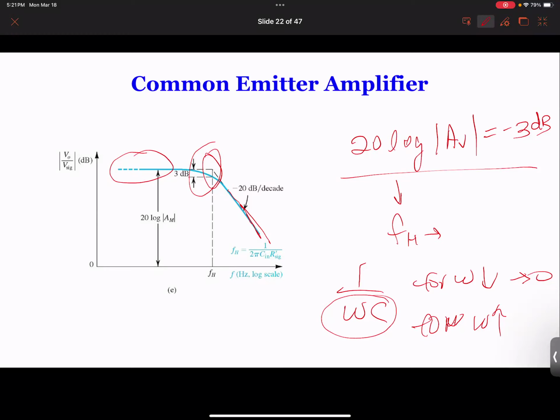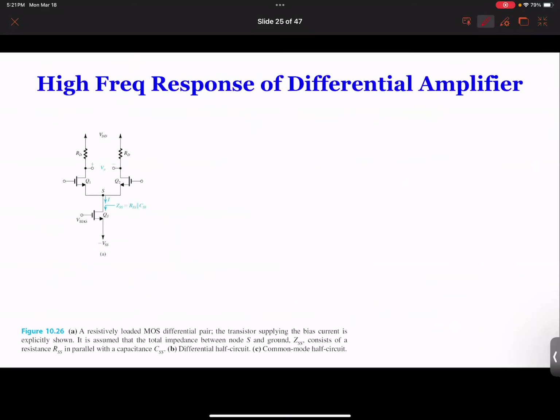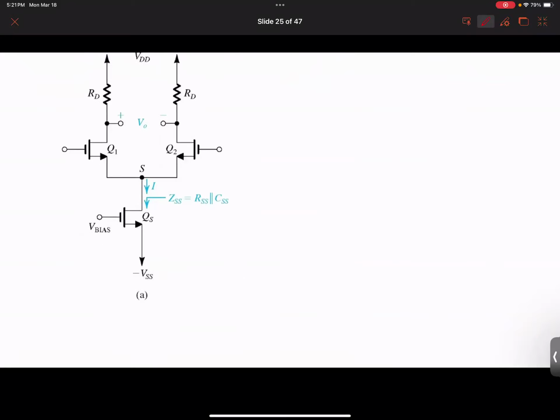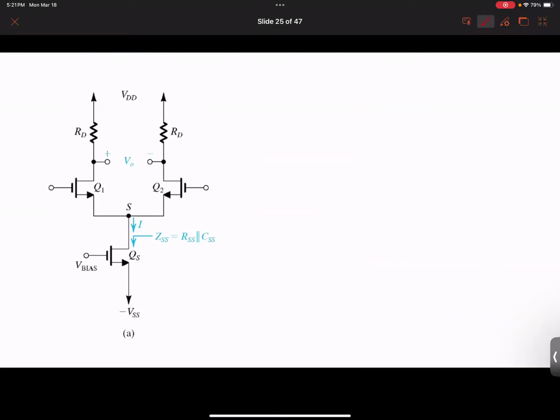Okay, and today we're going to talk about the differential amplifiers. So this is our typical amplifier, and the circuit is simplified, in the sense that you have Q1, Q2 as a differential pair. For the differential pair, of course, later on we're going to talk about you have common mode input. You can also potentially have a differential input, okay?